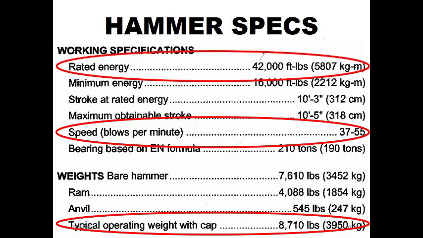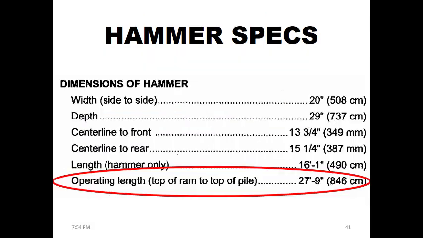Then we have to pay attention to the speed, the blows per minute. How many times? Well, you notice that it can go really quickly: 37 to 55 blows per minute. Typical operating weight with cap is 8,710 pounds. This is for the bare hammer, if you think of the structure that we talked about. And then the operating length, so the top of the pile and the top of the ram.